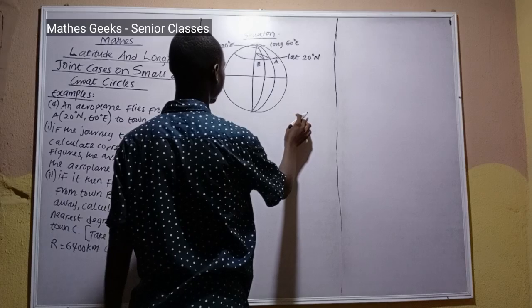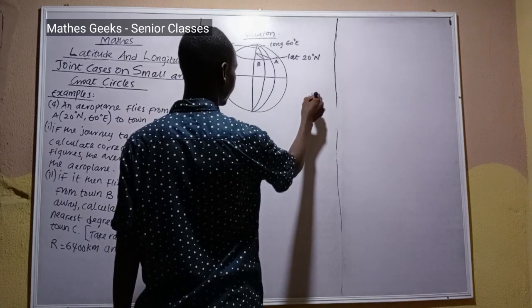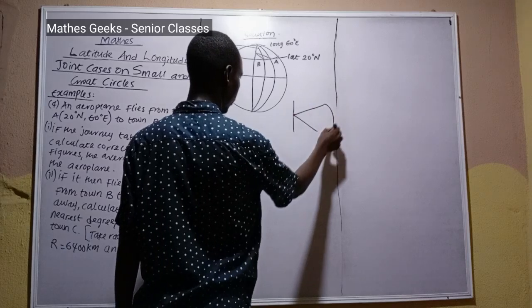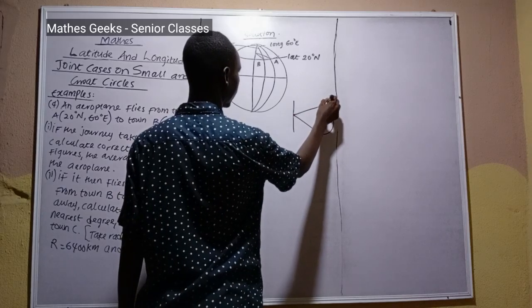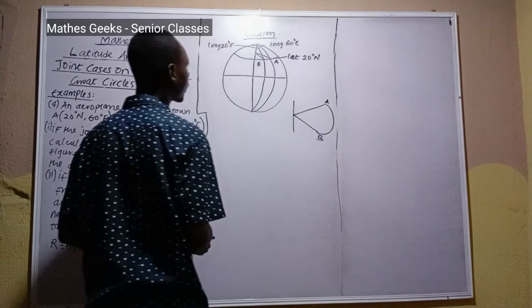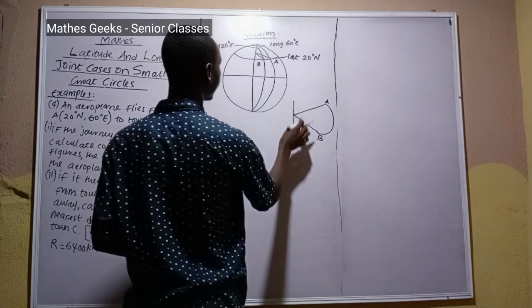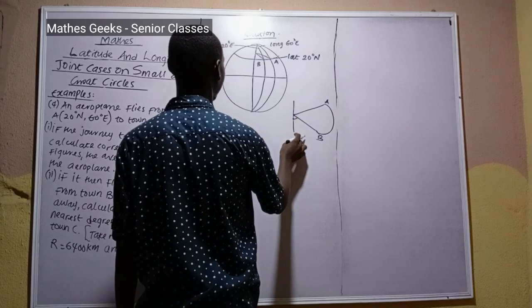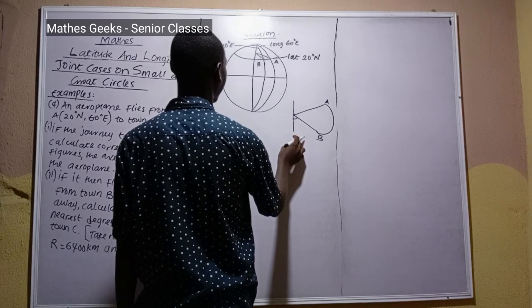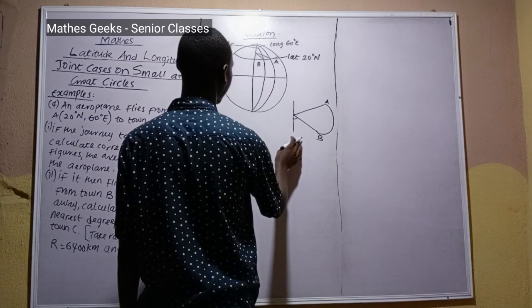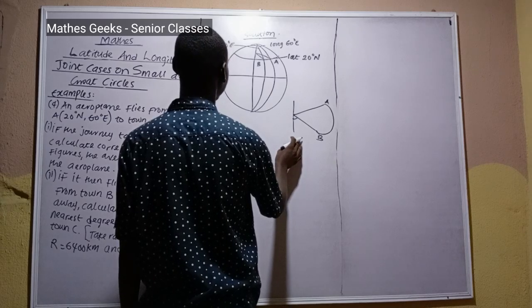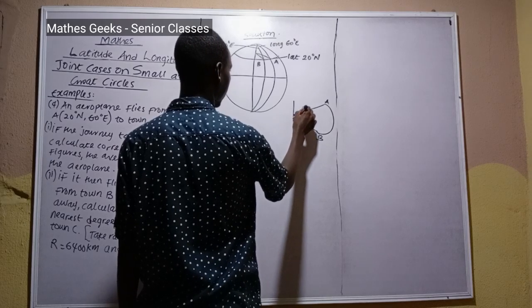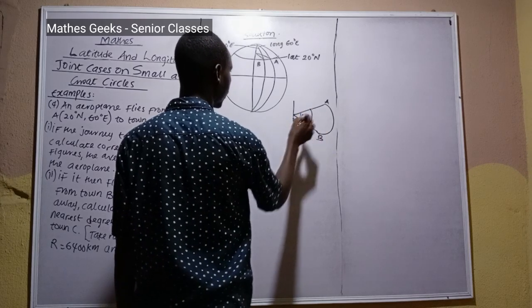So for A and B, the latitudes are both 20 degrees north. The longitude of A is 60 degrees and the longitude of B is 20 degrees.